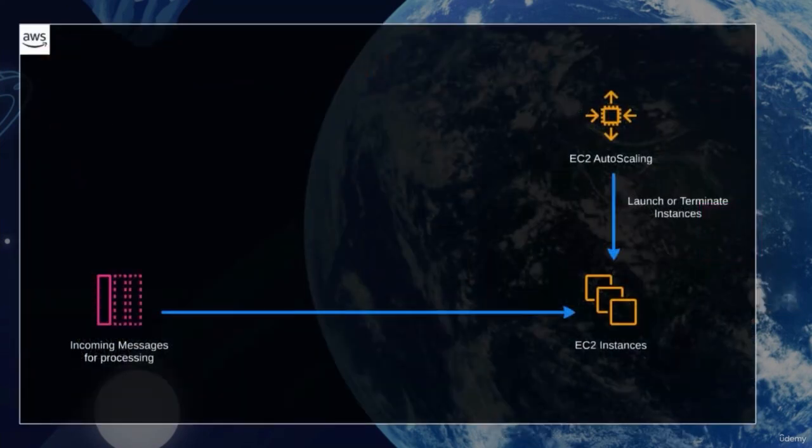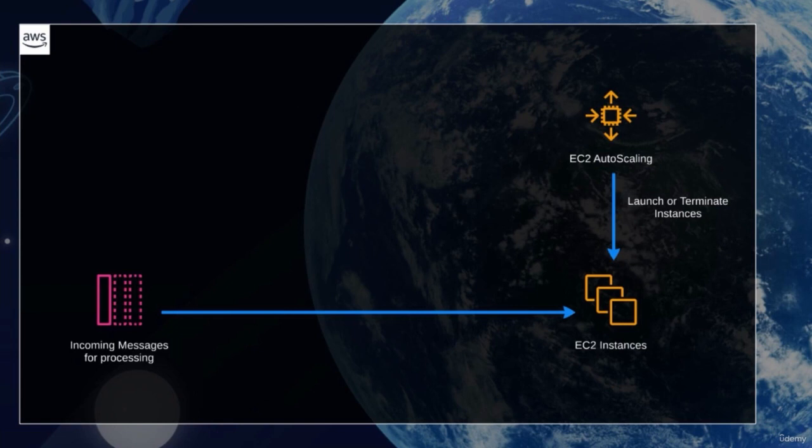So let's have a look at an example of using these services to decouple our application from its demand. Let's just say we have an application running on an auto-scaling group of 2 instances, and that application is a process server.